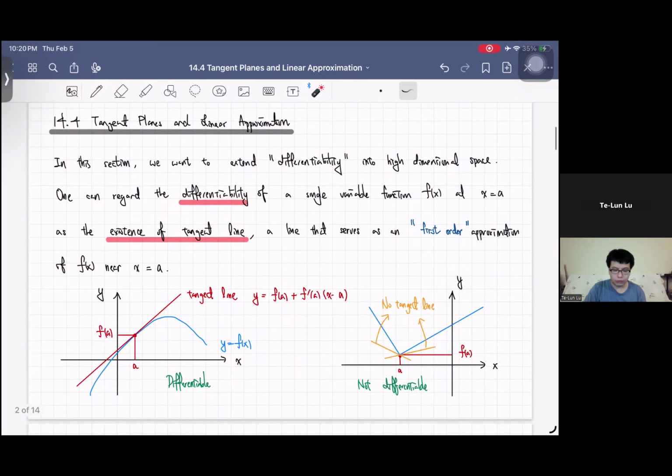In this section, we want to extend the concept of differentiability to 2D space, 3D space, higher dimensional space. And a natural question might arise. If you remember, in the 1D case, we often just characterize differentiability as being differentiable, namely that you can differentiate a function.